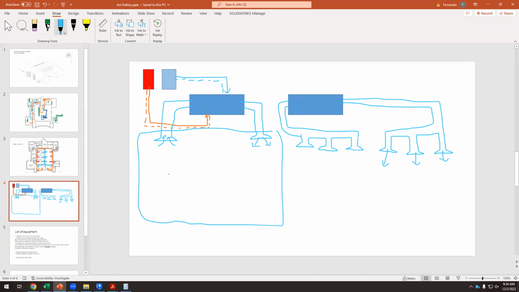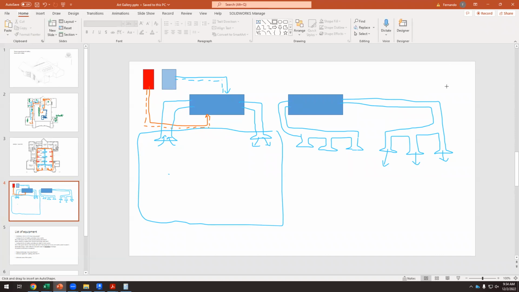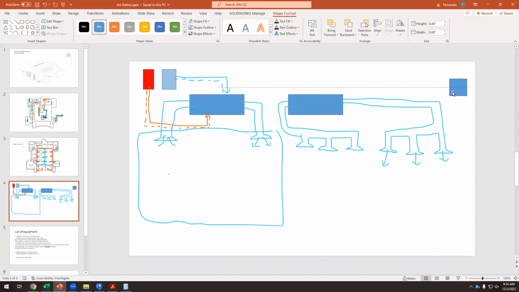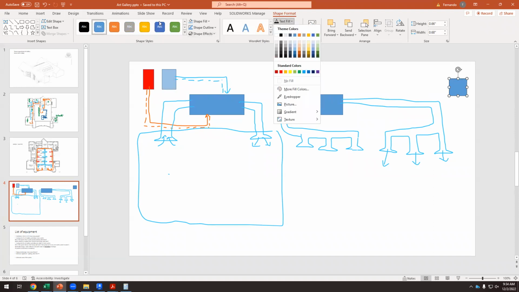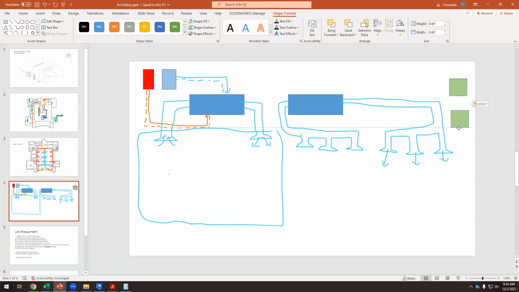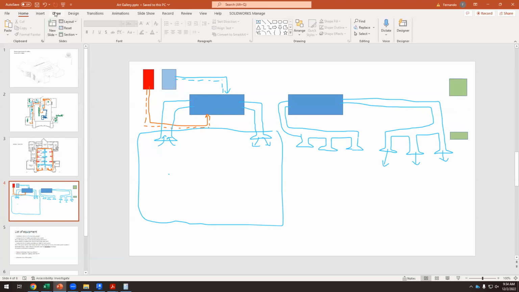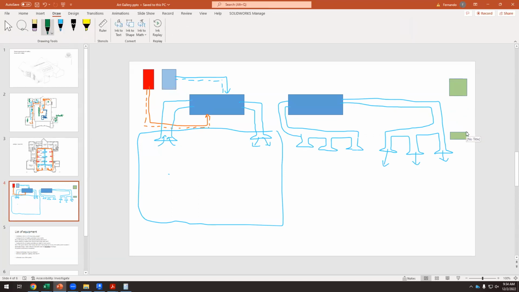And I need those heat pumps. That's the outdoor unit. This is the indoor unit. And we need the refrigerant fluid. Okay, so that's the schematic view.